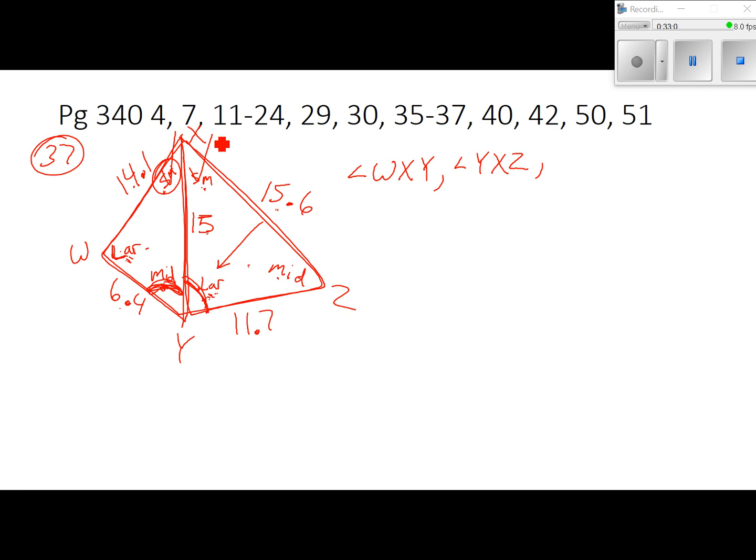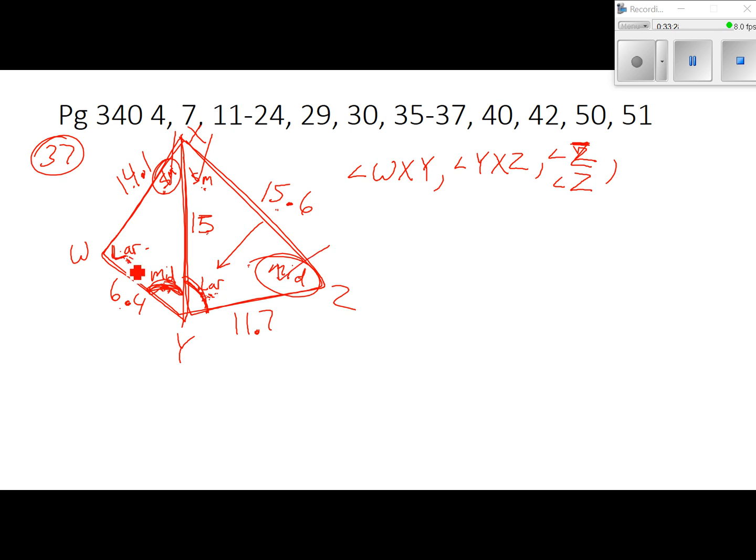Now once we have that, we know that this middle angle and this one are the same size, and this is the largest one in here, so the next smallest one has to be that one right there, and we'll just call it angle Z. We only need one letter for it, angle Z. That's a terrible Z. So we've taken care of that one.